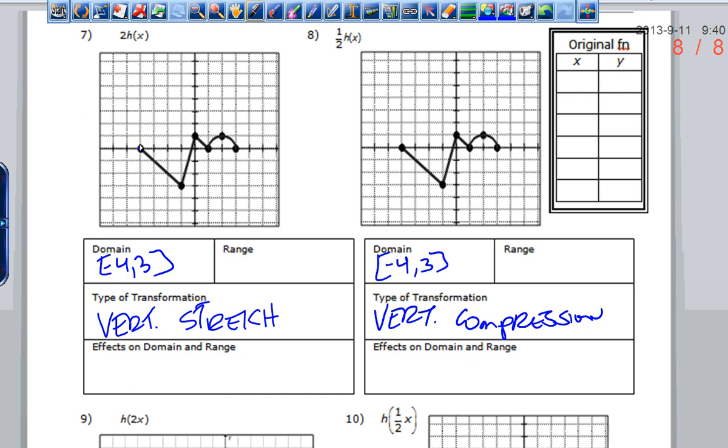So here the value stays the same, but for this one, instead of being at -3, now it's going to be at -6, right? My next point, instead of being at 1, is going to be at 2. These two don't change at all.